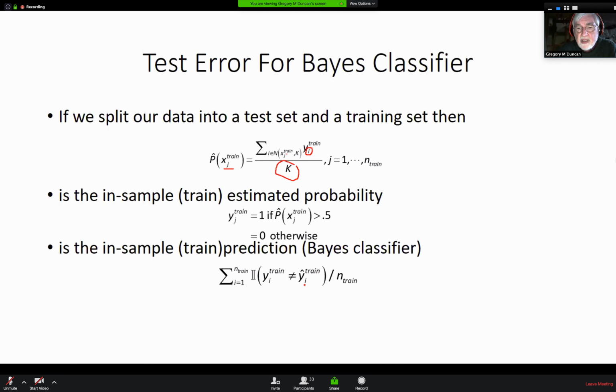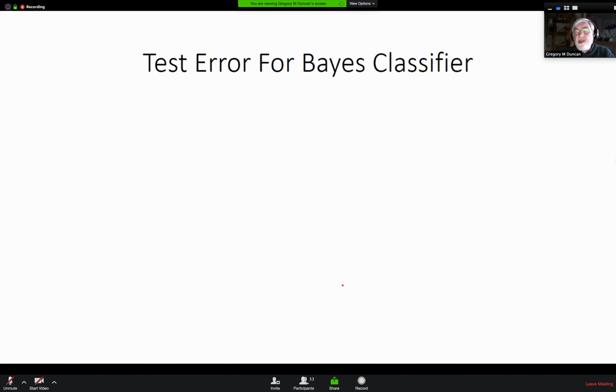How often was the training estimate equal to the actual training observation? Note that I have only train observations here because I've split my sample. Okay, this is the in-sample training error. And if you were to use it, you would overfit.